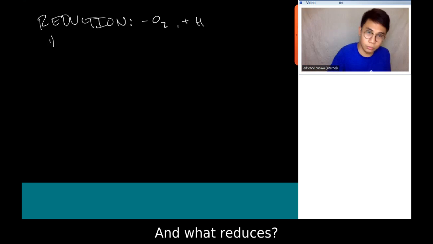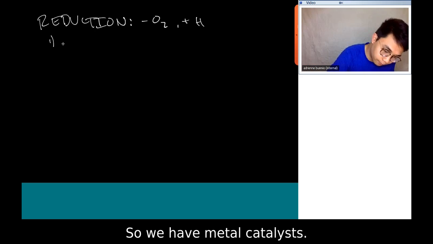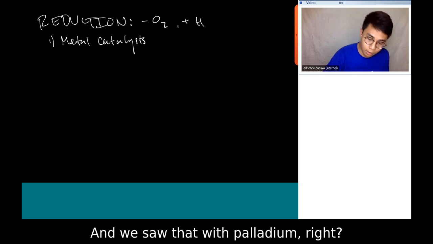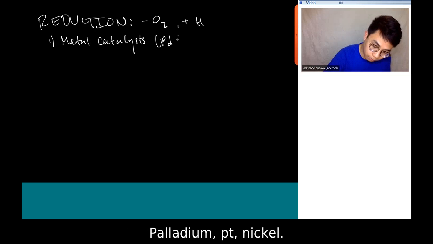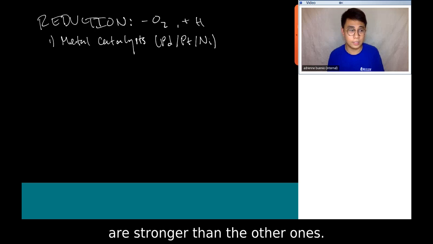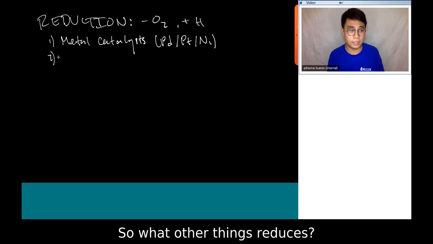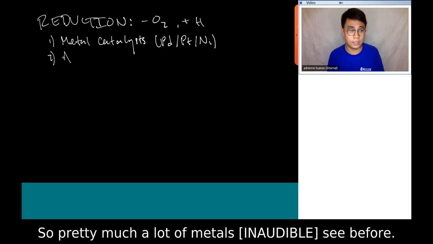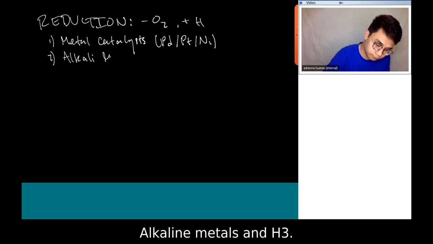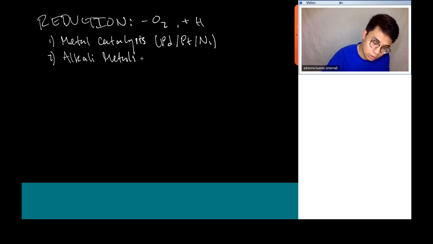And what reduces? So we have metal catalyst, and we saw that with palladium, platinum, nickel, and actually later you'll see how some of these are stronger than the other ones, right? So what other things reduce? Alkali metals. So pretty much a lot of metals, like we saw before, right? Alkali metals and NH3.